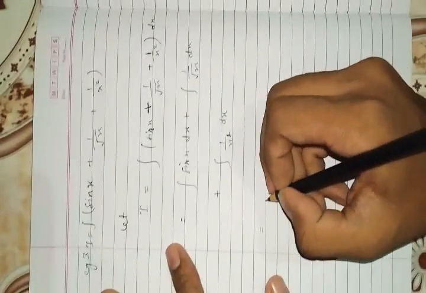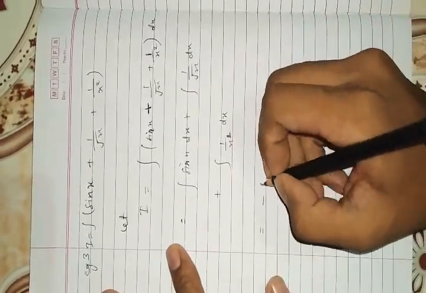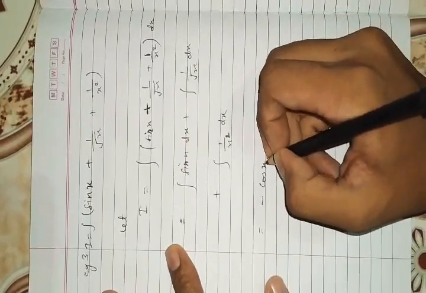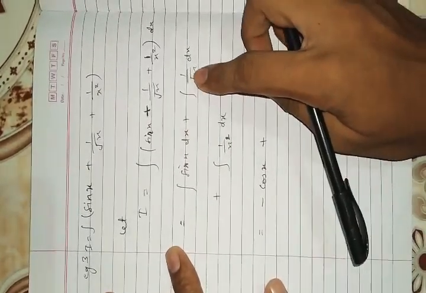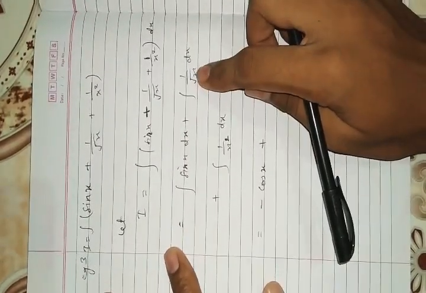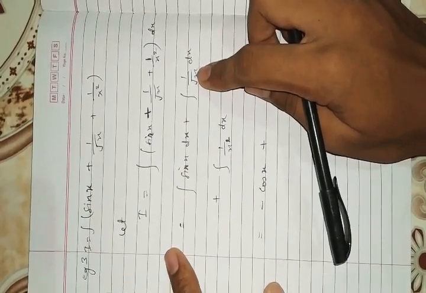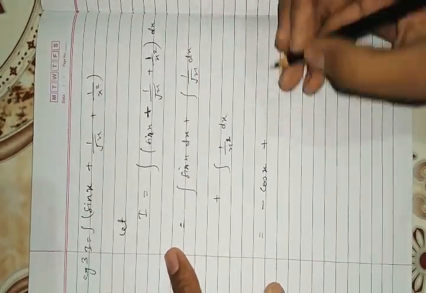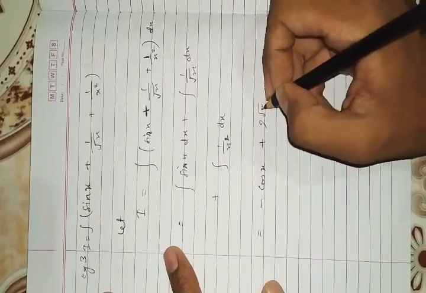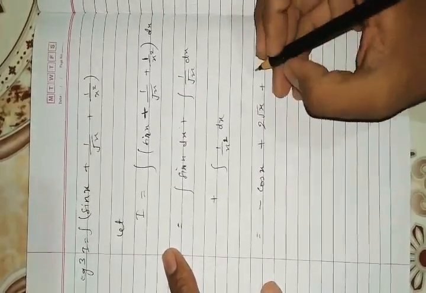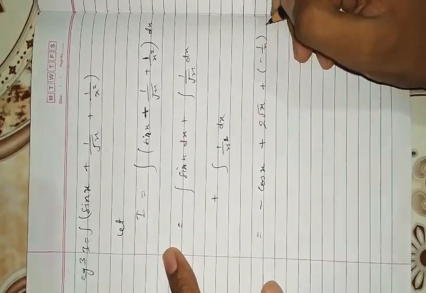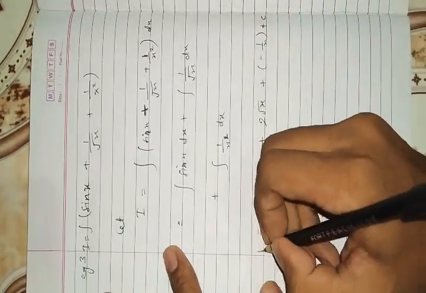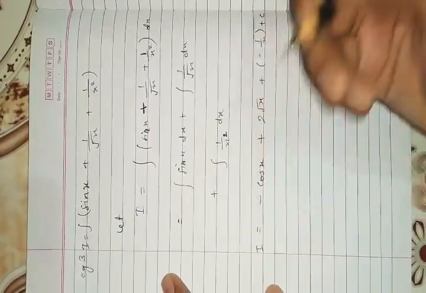It is minus cos x plus, as I have explained earlier, you can also use the x raised to n power formula and you will get the answer directly. I am going to write 2 root x and this is 1 by x. So this is your required answer which I got from this sum.